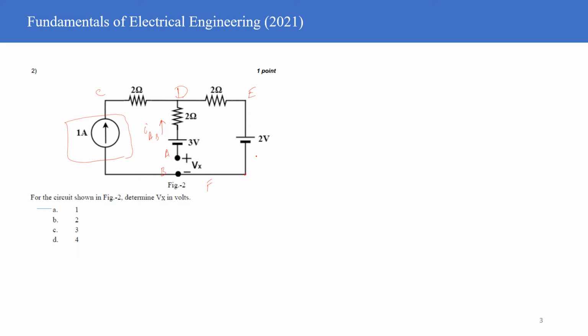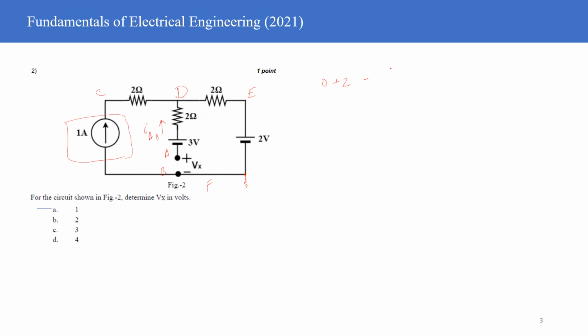So you start from here. Let me call it the node F. If I take the node F to be 0 for ease, I'm just marking this particular node here. So you'll start with this node, then 0 plus 2 volt, minus IR. So what is I?